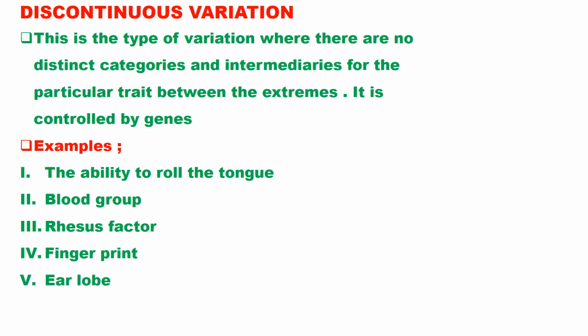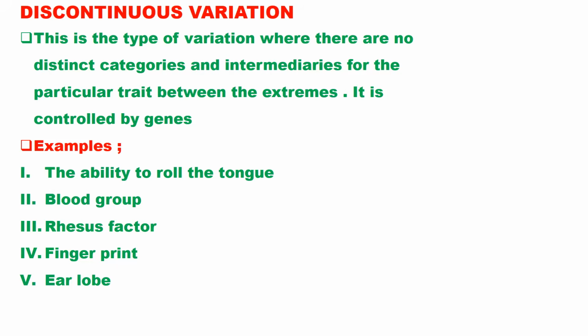This is a type of variation where there are no distinct categories or intermediaries. So in other words, here it is specific. There are no intermediaries between the extremes.